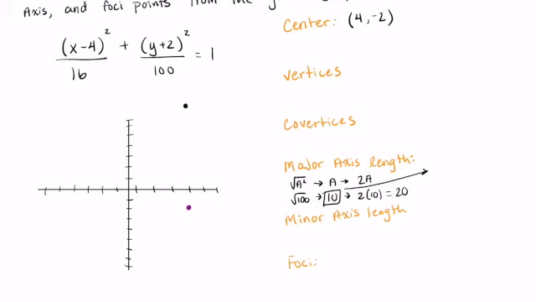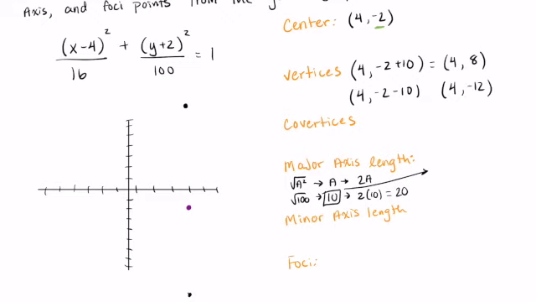But we're going to wind up with these vertices in these locations. That's easy for me to find graphically. Since I'm moving up and down, that's going to change the y component of my center. 4 will stay the same, and then I will do -2 plus 10, and -2 minus 10. That will give me my vertices of 4, 8, and 4, -12.